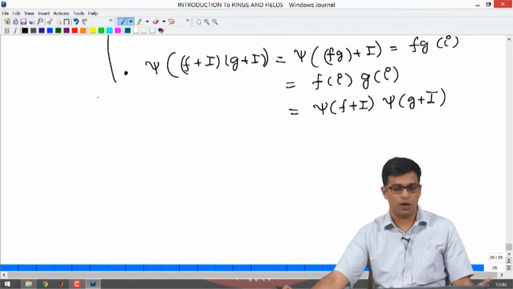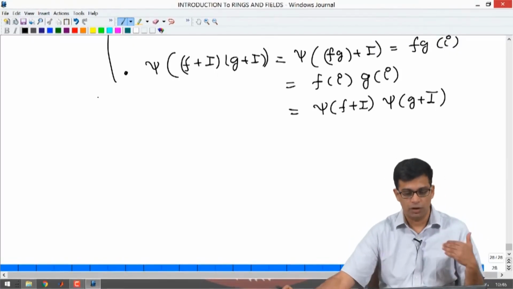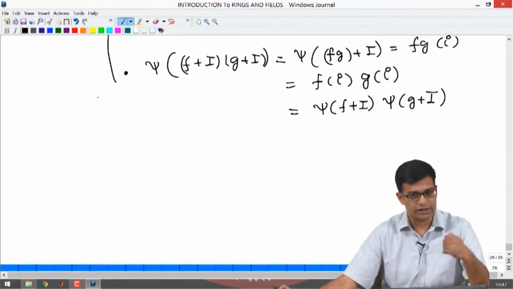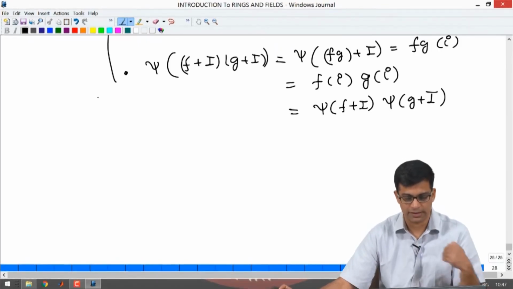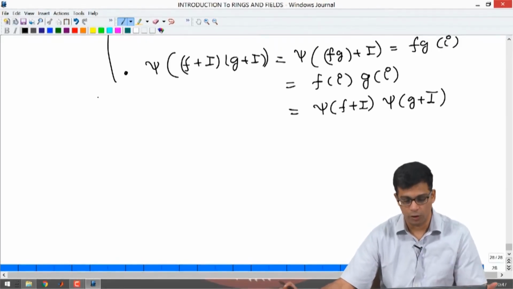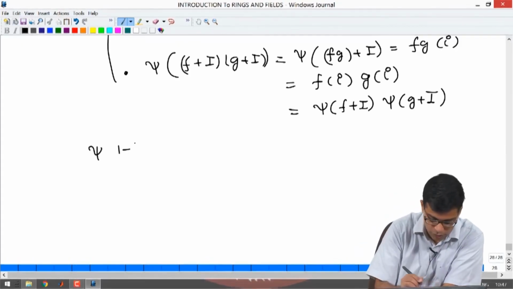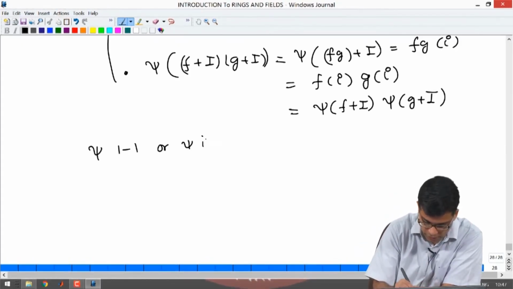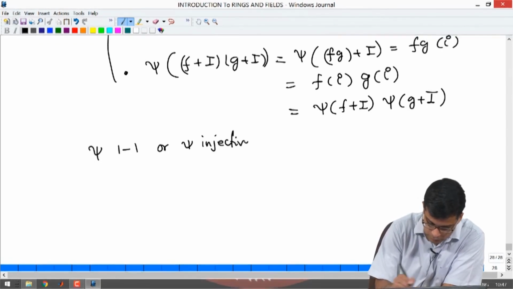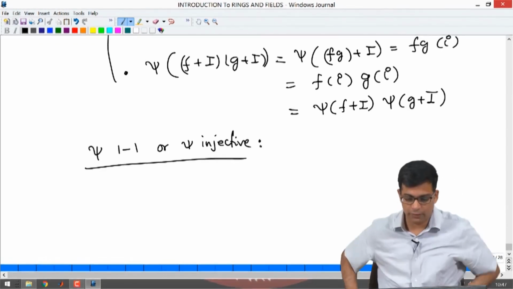And what is an isomorphism of rings? I told you this before. An isomorphism of rings is a ring homomorphism which admits an inverse ring homomorphism, or equivalently, psi is one-one and onto. One-one means injective. We will show that it is injective and it is onto.